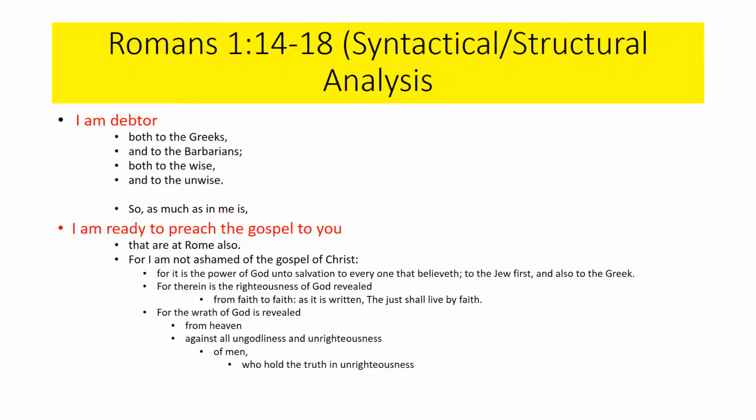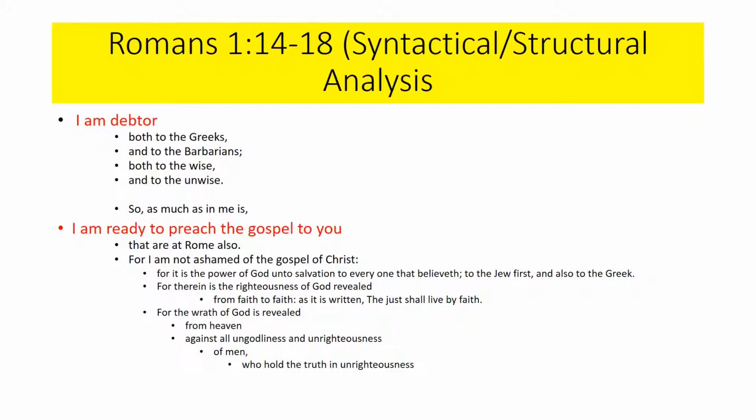Those are all prepositional phrases. Paul says, I'm a debtor where? To the Greeks, to the barbarians, to the wise, and to the unwise. So there are four dependent phrases. Those phrases do not have subject and verbs, therefore they're not clauses. So there are four phrases that modify Paul's a debtor.